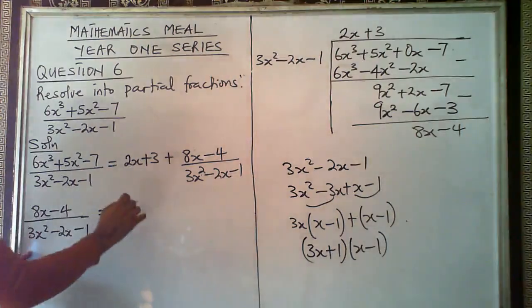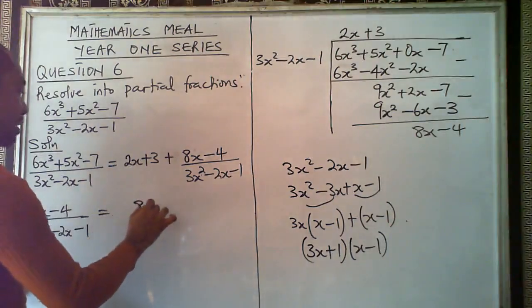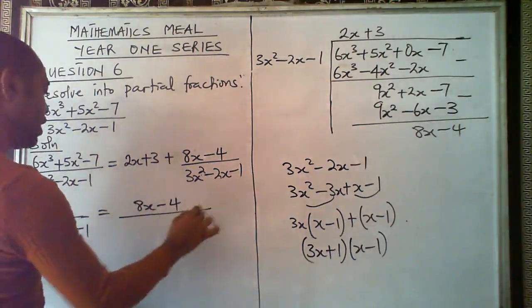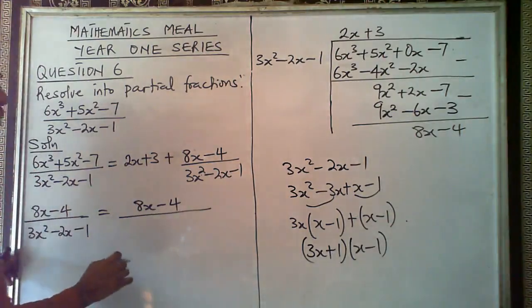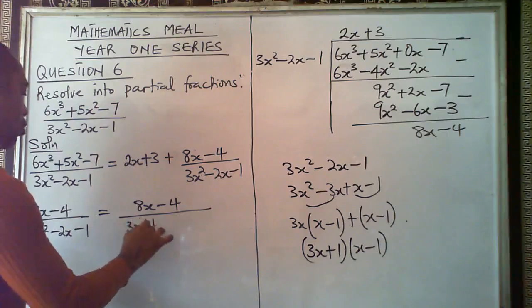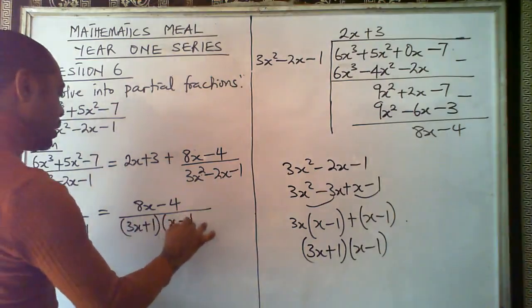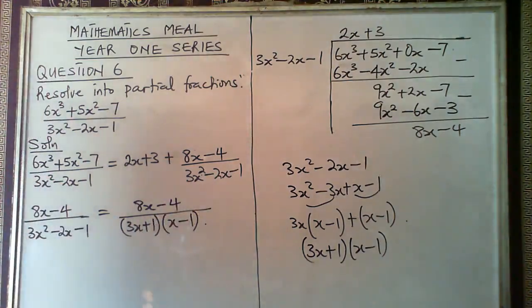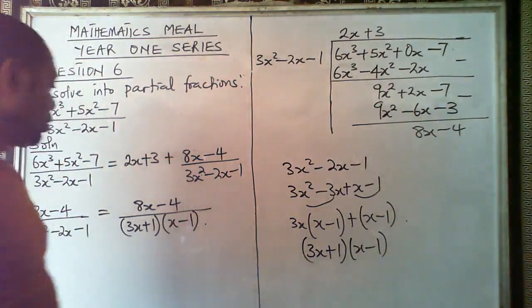So this means that this can be written as 8x minus 4 divided by 3x plus 1 into x minus 1. That's what we are going to have.